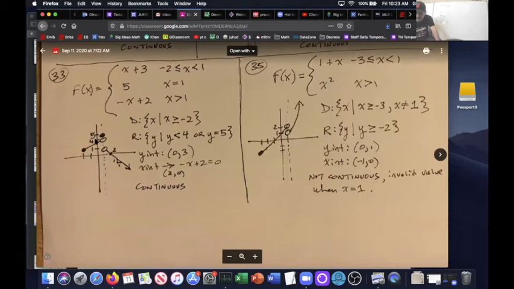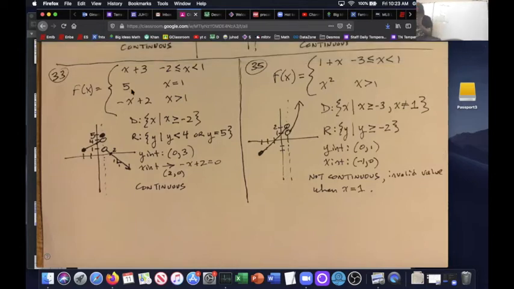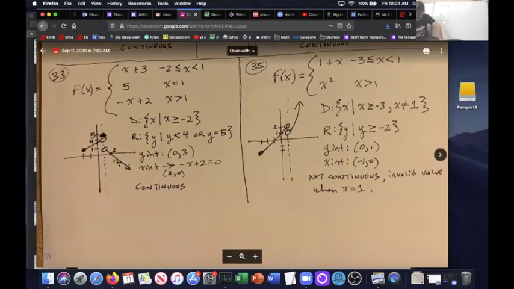Okay? And so then for this one, the same thing. Notice you got the 3 different regions. And so we got the left side, which is a +1 of slope, crosses the y-axis at 3. And then we got the valid value when x is 1. So that's why I shaded that circle on the top of the vertical dashed boundary line. And then once you go to the right, you start having your negative x plus 2 graph.